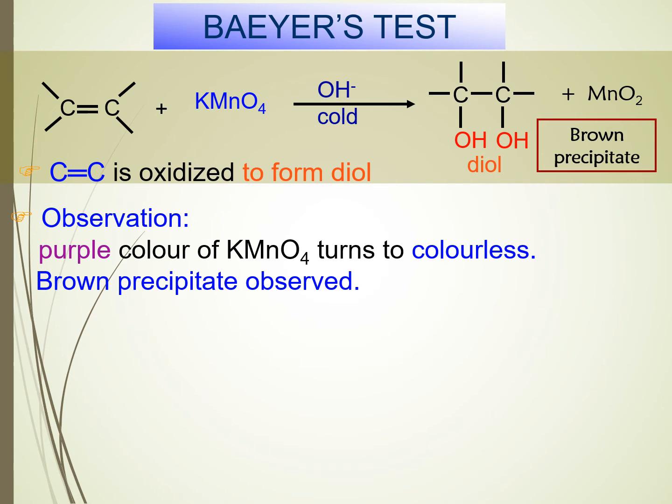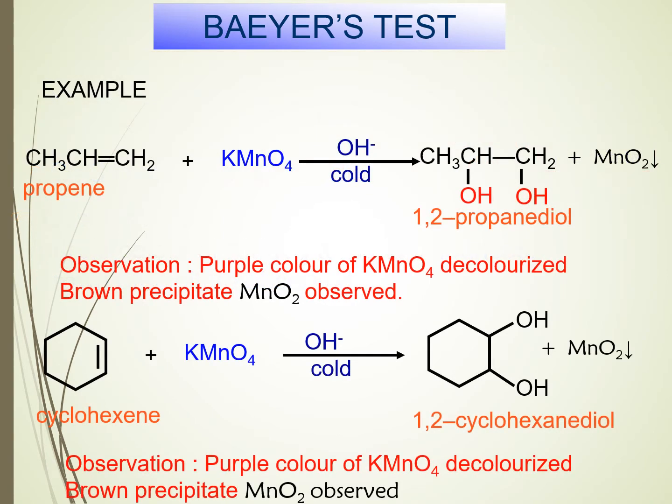The purple color of potassium manganate will turn colorless if the reaction is positive. For example, propene reacting with cold basic potassium manganate will produce 1,2-propanediol with the presence of brown precipitate, manganese oxide. The purple color of potassium manganate is decolorized.